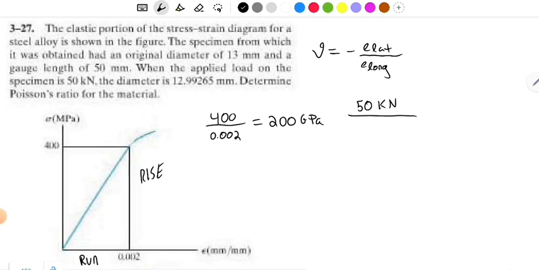From the problem, we can see that the original diameter is 13 millimeters, right? So the area of this circle is pi over 4 times 0.013. Let's put this in meters so we can work with pascals, right?